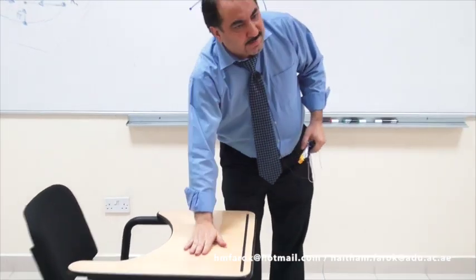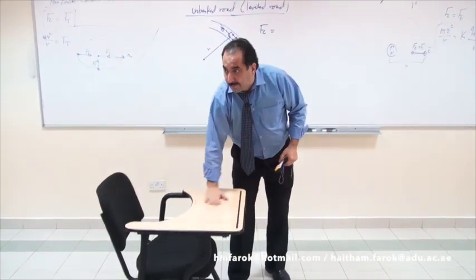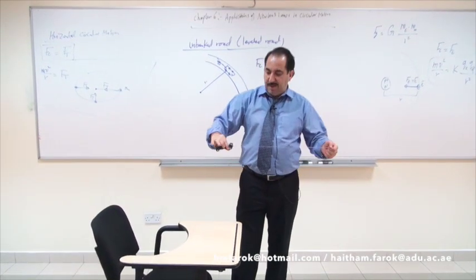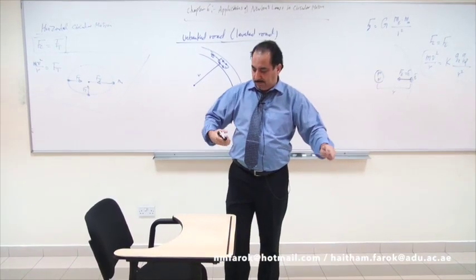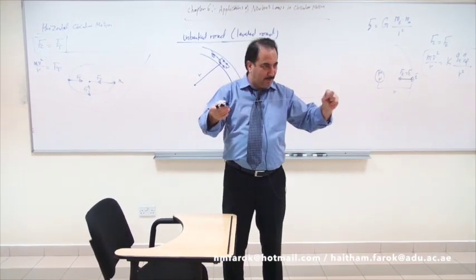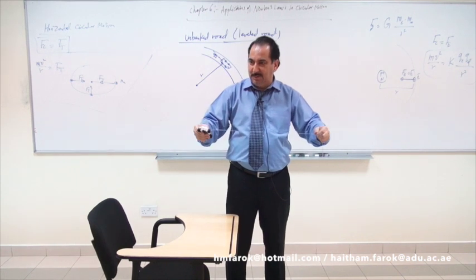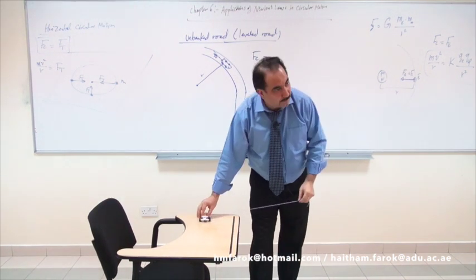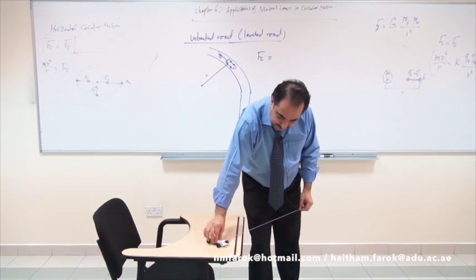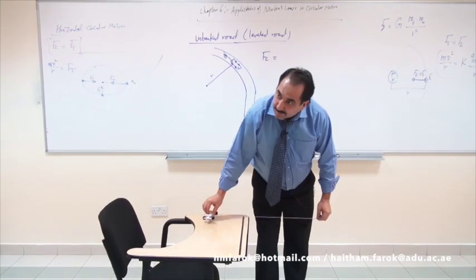Think of the table as a leveled road, yeah? Unbanked road. And this is the car. Of course, there's no cable on the car. This is just to keep it in circular motion. And think this is part of a roundabout or part of a bend, when the car does turn, yes?